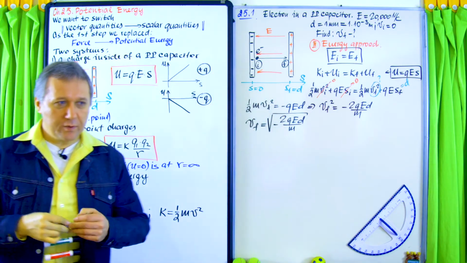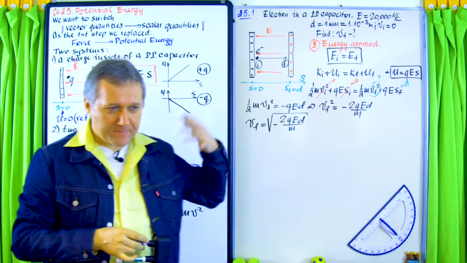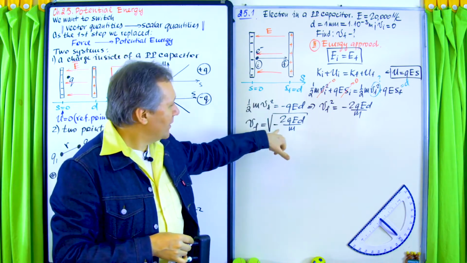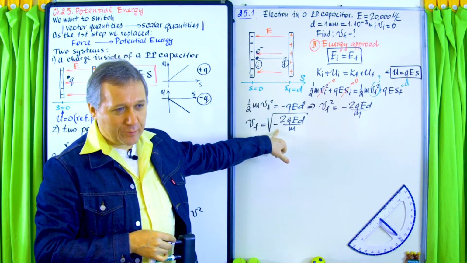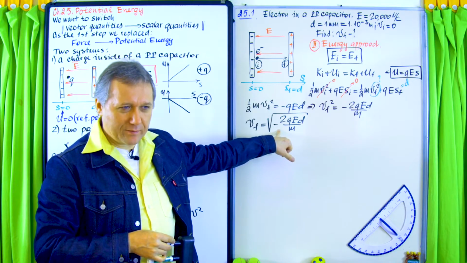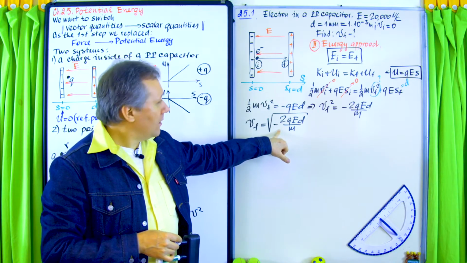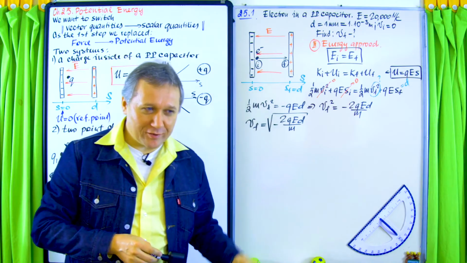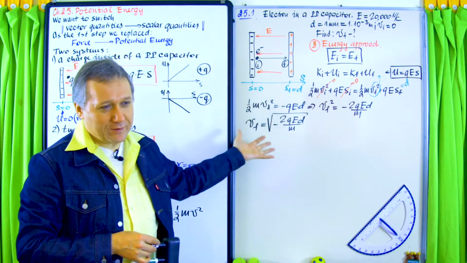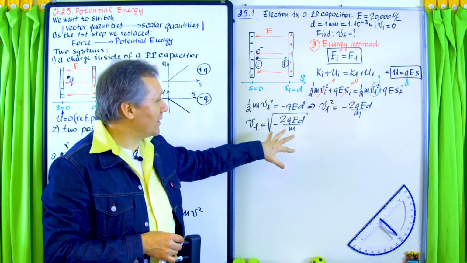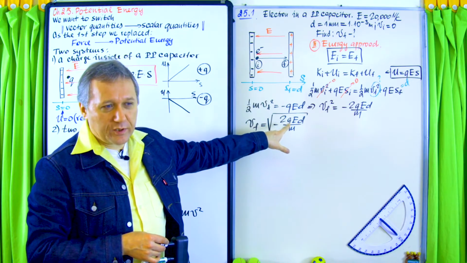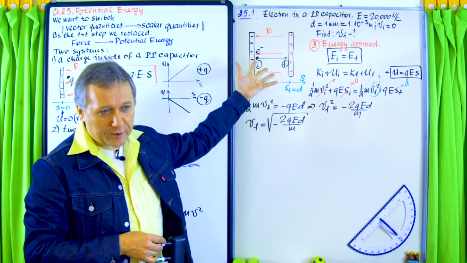Of course, this should immediately trigger an alarm. Whenever you see a minus under the square root sign, we have to be careful. We don't want to go into imaginary quantities, because here it's just a velocity, nothing imaginary about that. But we need to remember the charge is negative. It's an electron.